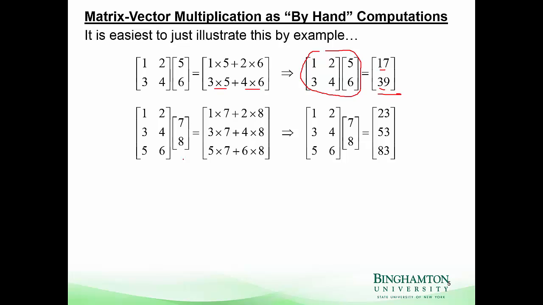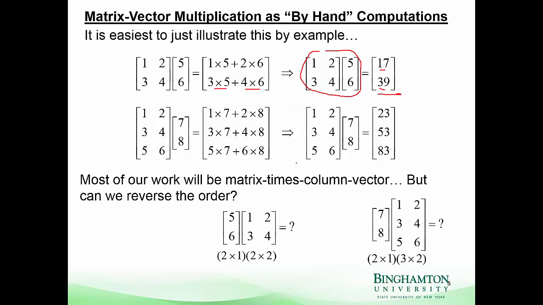So those will work together, and we know that we will get a 3 by 1 coming out of that. Okay, so we know that those will work, and again, we see some mysterious 1 times 7, 2 times 8, and so forth. So we kind of need to figure out how that will work.